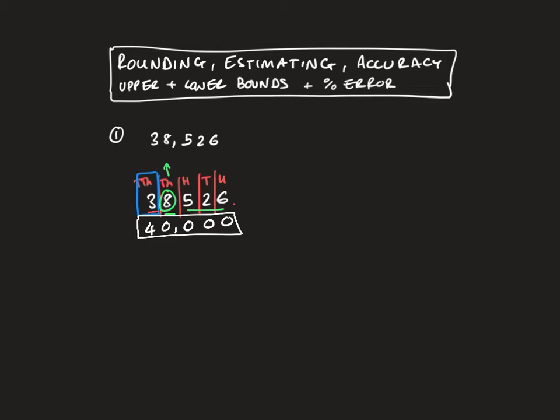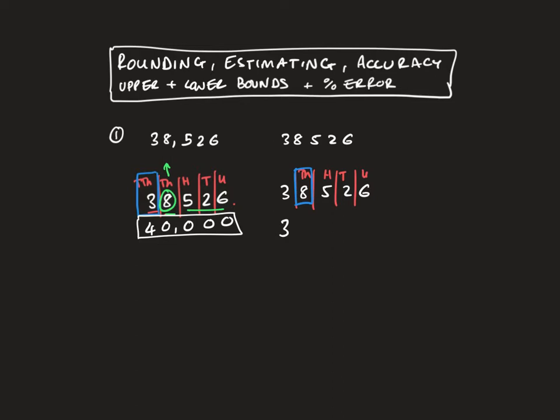But say, for example, we had the same number, 38,526, and we're asked to round it to the nearest 1,000. Again, here are our units, tens, hundreds. These are our thousands there. So I'm being asked to round it to the nearest 1,000. Now, the digit before that, the 3, is still the same.